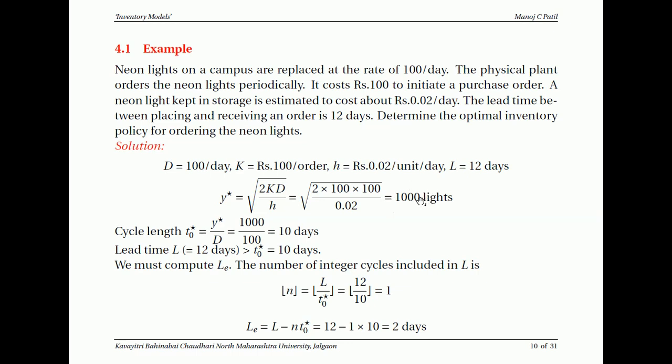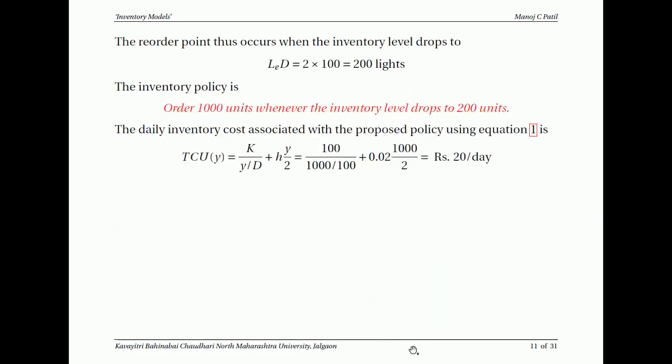But there is a problem, because the lead time L is 12 days and the order cycle is 10 days. We have to divide L by T naught, that's 1.2 or so. Take the integer part, 1. So L minus n, that is 1, multiplied by T naught 10. It gives us an effective lead time of 2 days.